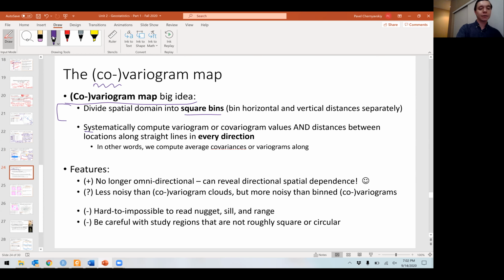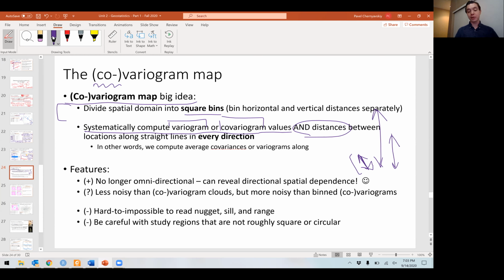So we systematically compute either the variogram or the covariogram at a variety of distances and a variety of directions. Here is this direction and distance. Here is this direction and distance. Here is the same direction, different distance. So we're going to traverse our map in a variety of directions and with a variety of different length vectors and compute either the variogram or the covariogram value each time.